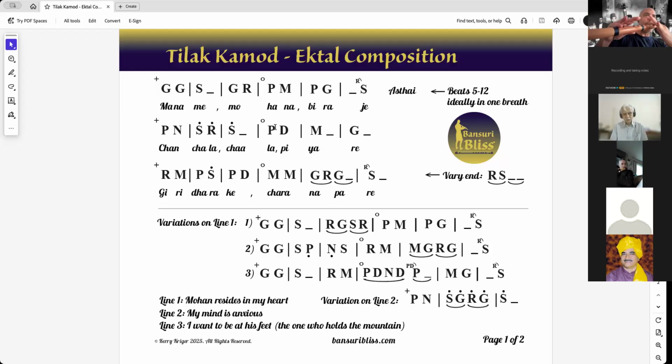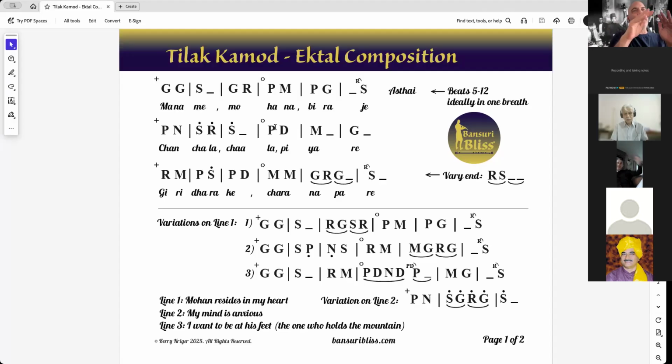Ni da ni ma pa ga. Now, if you need to get from the da to the ma, you don't have to go up because there's a note in the middle. If there's a note in the middle, you can slide through, ni da pa ma. You could. Then the question becomes, does it sound good to do that?